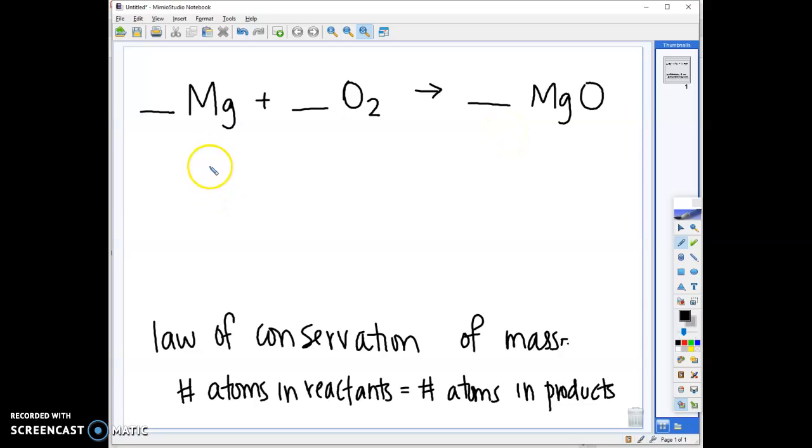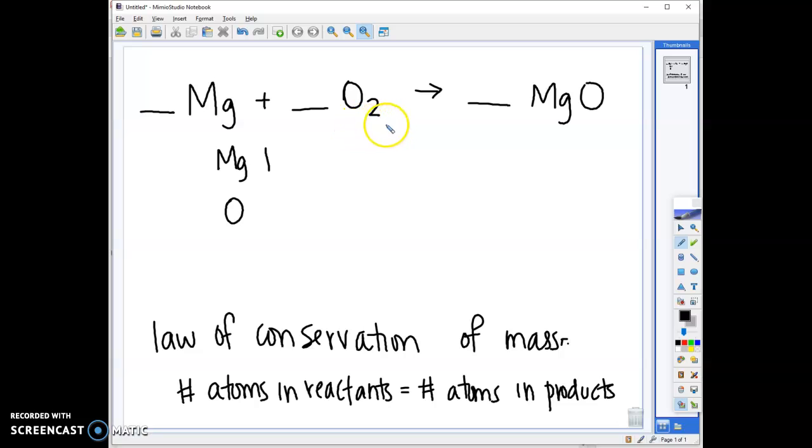So the first thing that I'm going to do when I balance equations is look at what I have and how many I have. So I'm going to write down the two elements that I have. I have magnesium and I have oxygen. Magnesium, there's no subscript here, so I understand that to be 1. So I have 1 magnesium.